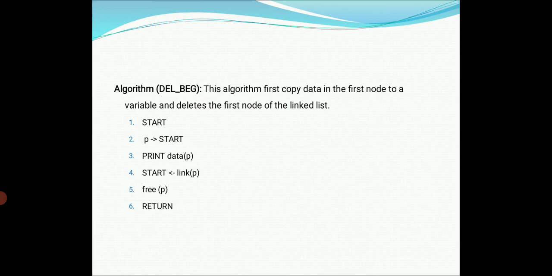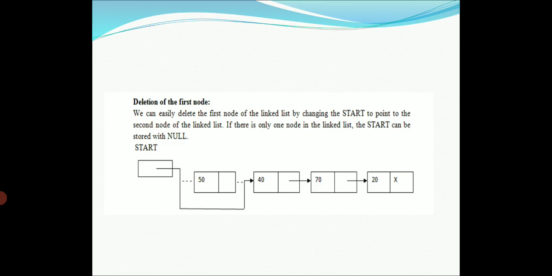First copy the data in the first node to a variable, then delete the first node of the linked list. There are some steps here. Step 1, start the algorithm. Step 2, p equals start. Start contains the address of the first node, which is named p. Print the data of p, that means p is the first node, so the data is 50.